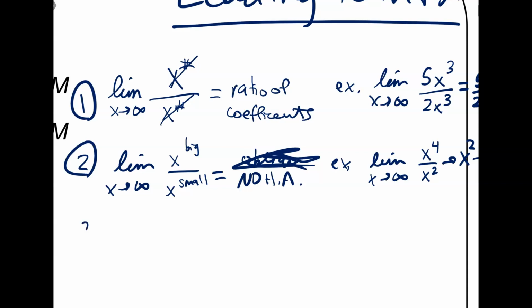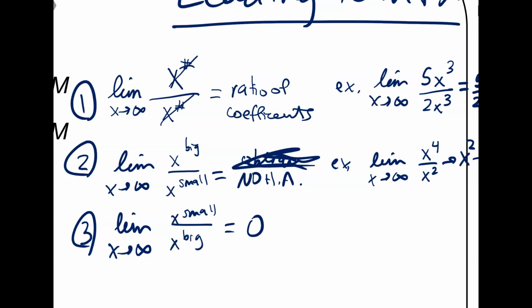And then my third case is if we have smaller on top, so x small over x big. This is where your horizontal asymptote is 0. If I have x over x cubed, that's the same thing as 1 over x squared.